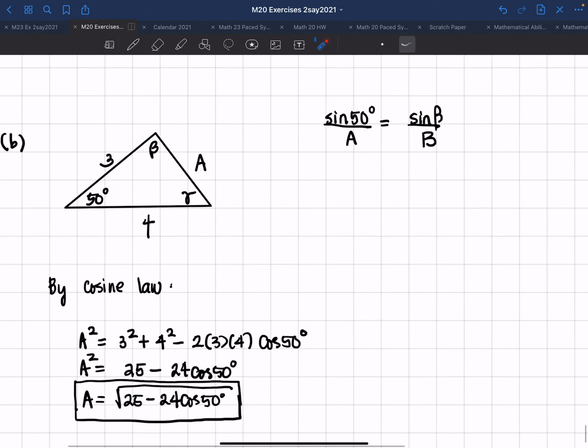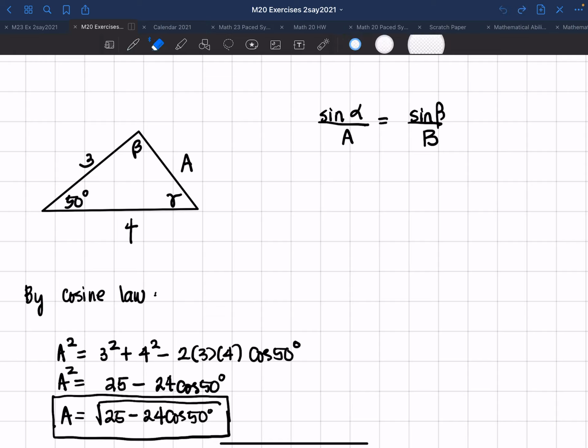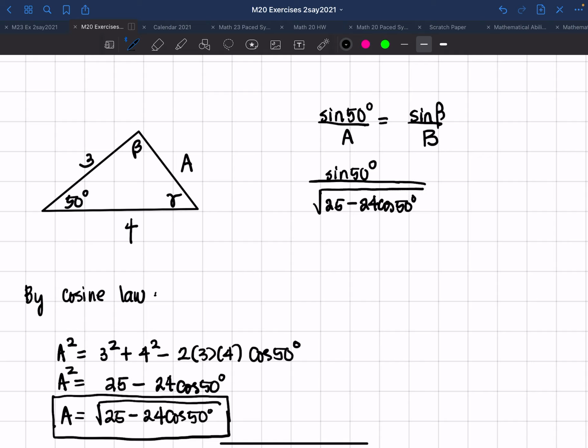Okay, so ano na ito? So, kinocompute natin yung beta, no? Sulat na nga natin si A. So, ito alpha. Sige, substitute muna. So, sin 50 degrees over A. Pangit lang talaga yung mga numbers. Mahaba yung mga expressions. Is equal to sin beta over B. Ano yung B mo dito? 4.